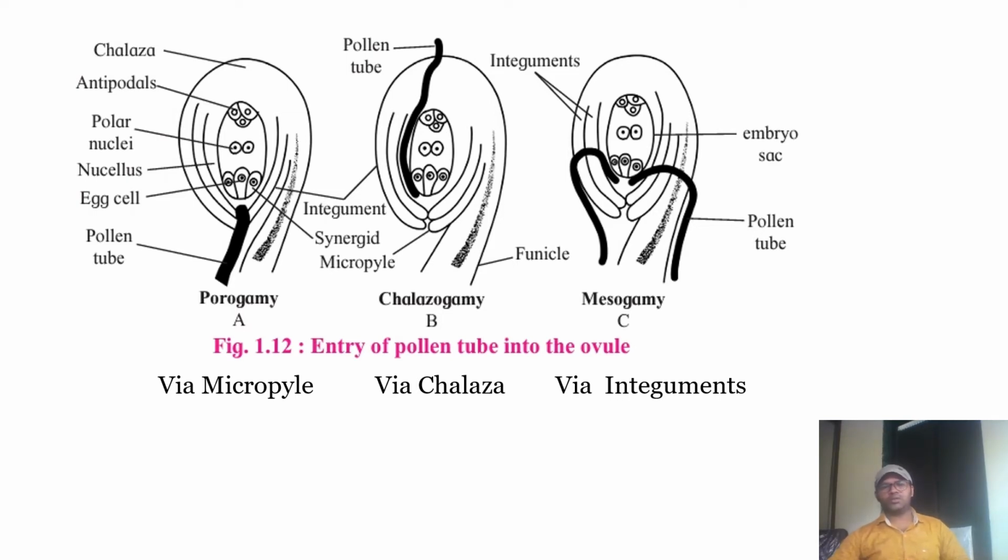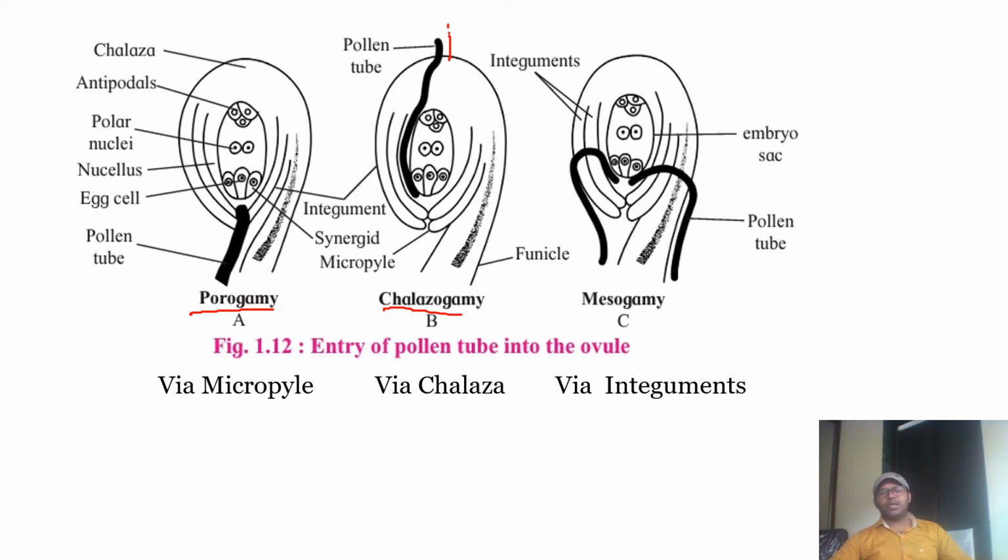Okay, so what happens here, entry of pollen tube may be from three directions. If it is taking place through micropylar end, such entry is said to be porogamy. If the entry is from chalazal end, then such entry is said to be chalazogamy.